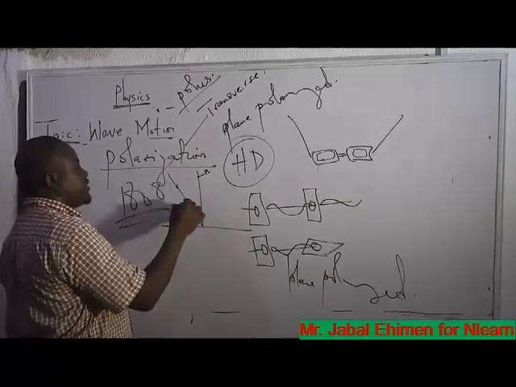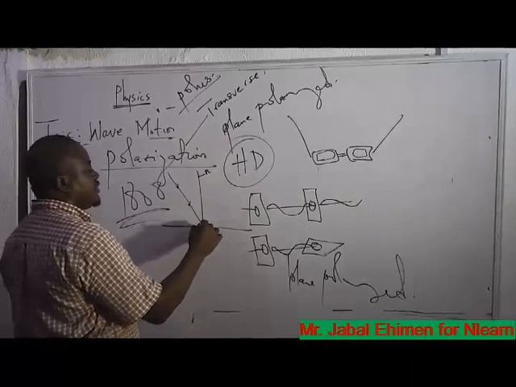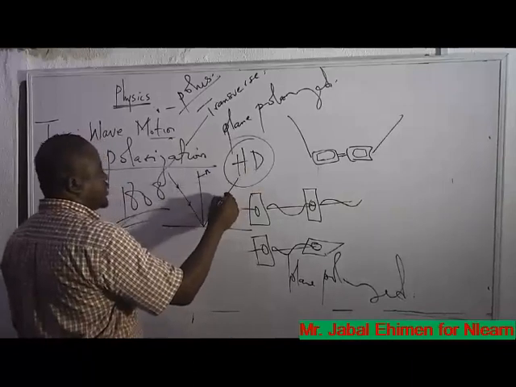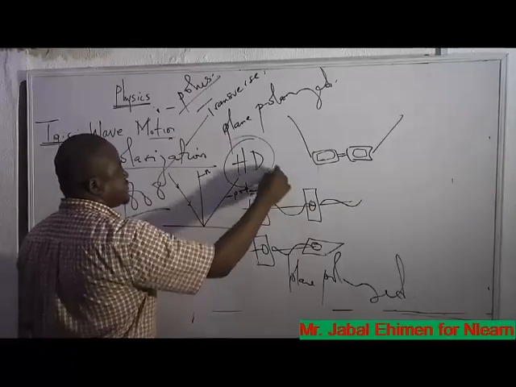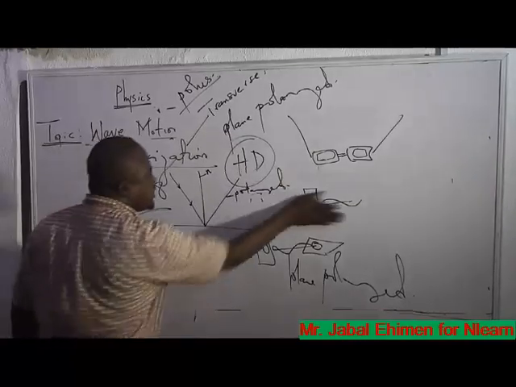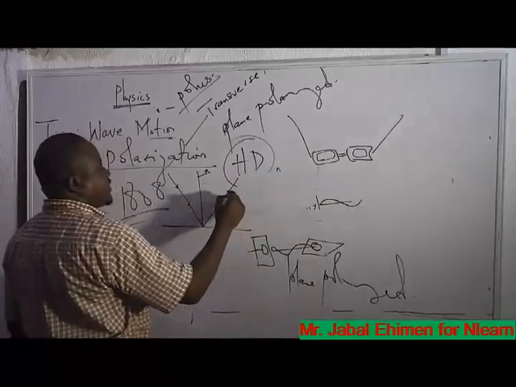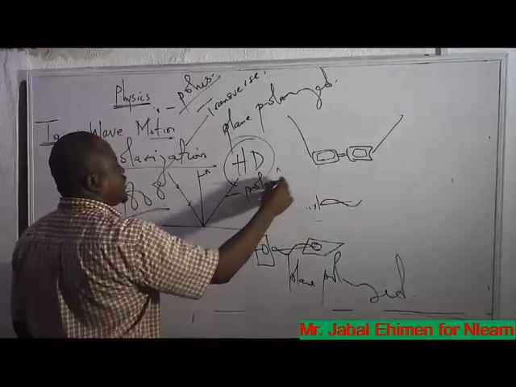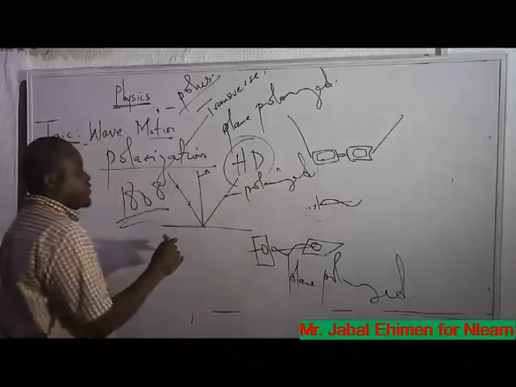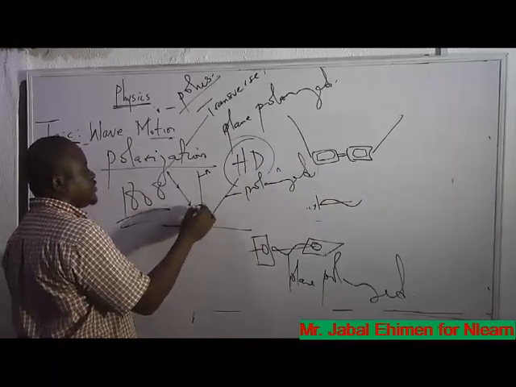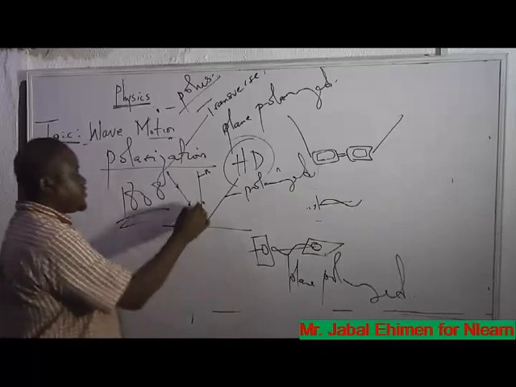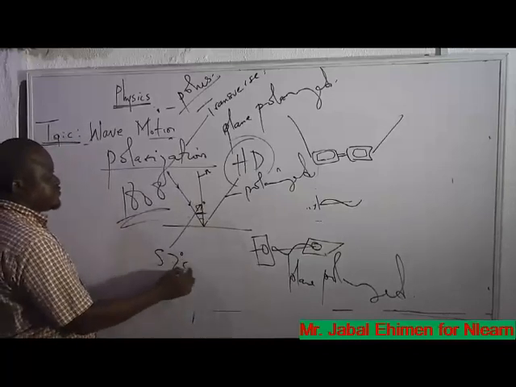If you incident a light ray, the reflected ray can become polarized. He said it can be polarized only if this incident ray is at 57 degrees. Please take note of that, 57 degrees.